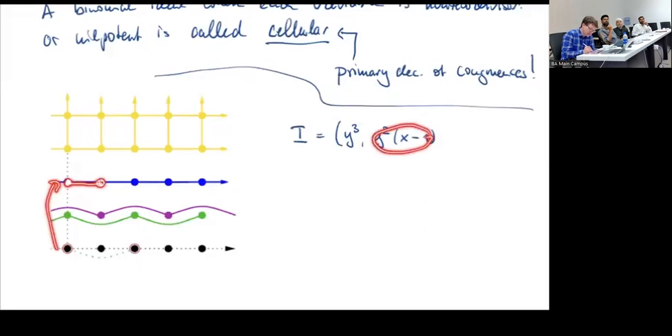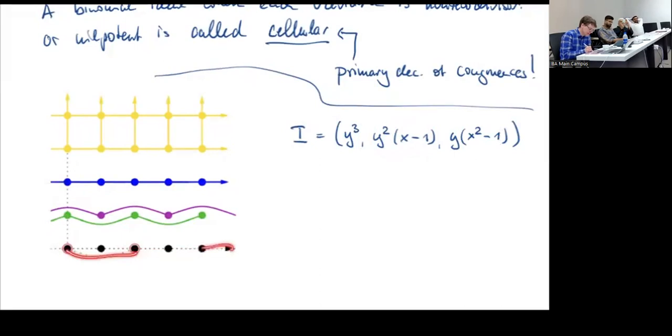So I write it like this. At the next level, at the y level, it's 2 steps. So I get y times x squared minus 1. And at the bottom level, I don't get anything. There are no binomials in the x direction in the bottom level, so I don't have any generator. So this is the congruence, and this is the binomial ideal.